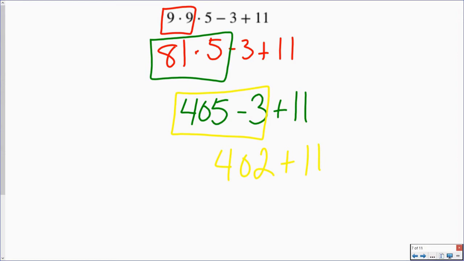And so then I need to come back here and finish it out. So 402 plus 11 would give me 413. So 9 multiplied by 9 multiplied by 5 minus 3 plus 11, simplified down using order of operations, would give me 413.